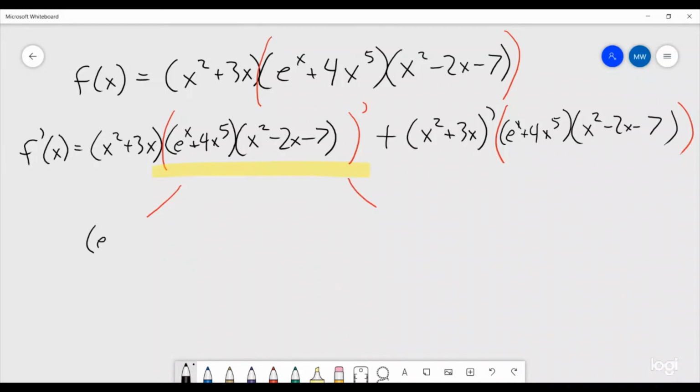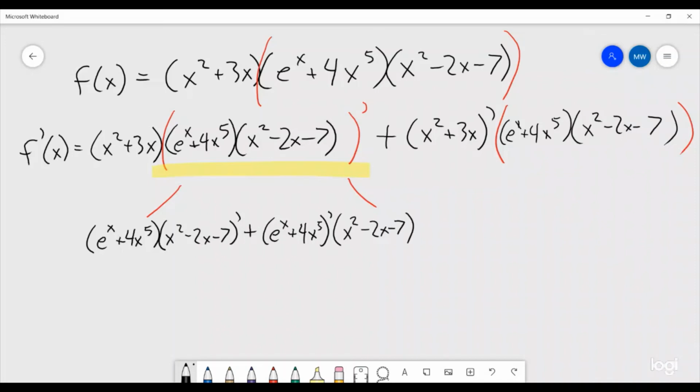So that piece is going to be e to the x plus 4x to the fifth, first times the derivative of the second, the derivative of x squared minus 2x minus 7 prime, plus the derivative of the first, e to the x plus 4x to the fifth prime, times the second, x squared minus 2x minus 7. So that is what that whole piece expands into.